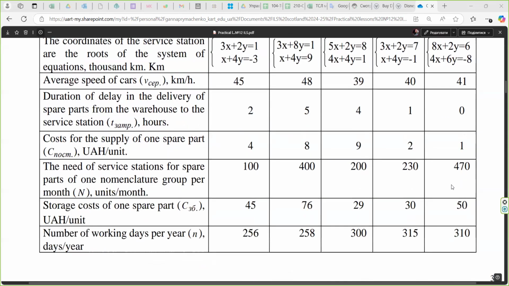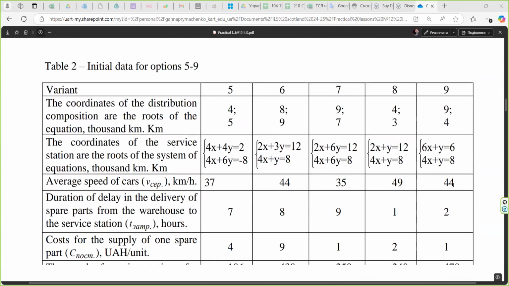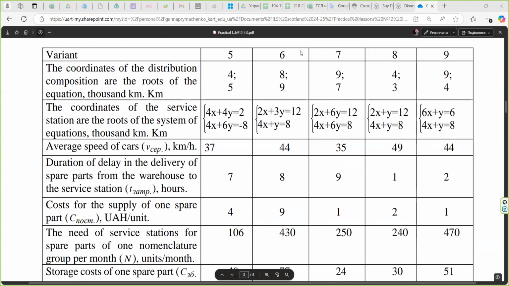Okay. And the next, for variant 6, it is our next table, and it is the system in our third column. The third column is 2x plus 3y is equal to 12, and 4x plus y is equal to 8.